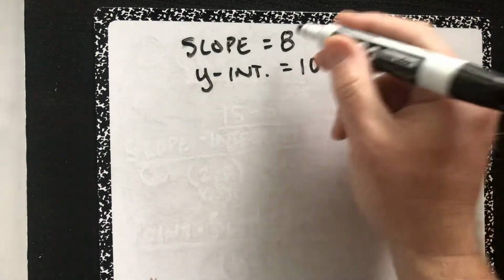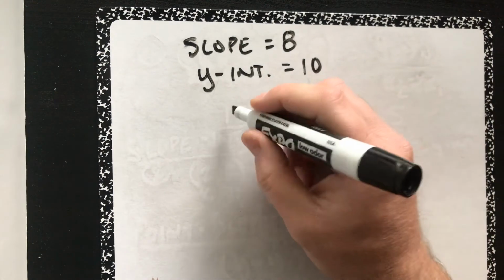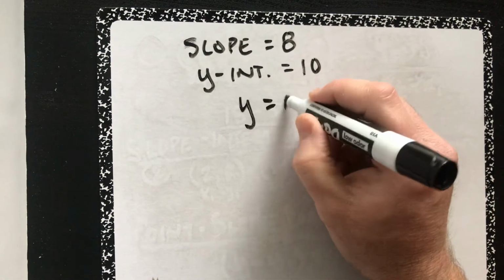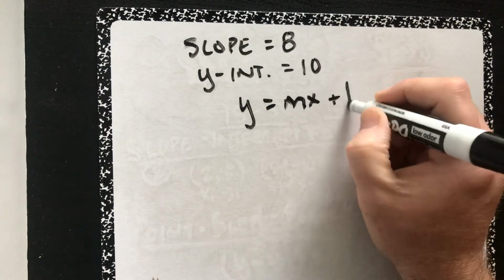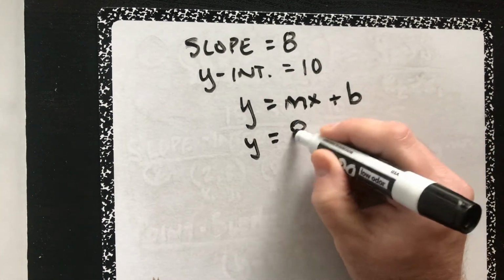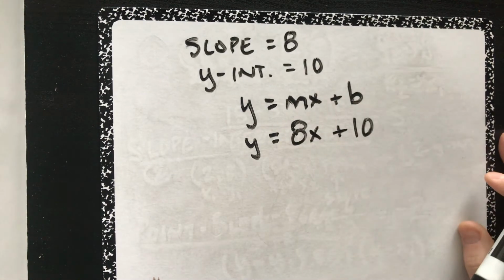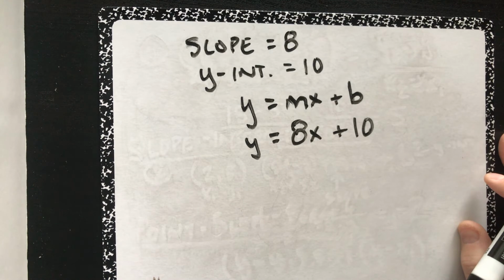Well, our slope is equal to m, the y-intercept is equal to b, y equals mx plus b, so y is equal to 8x plus 10. Wow, that was really difficult.